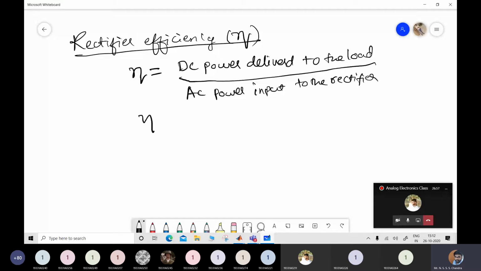So that is eta, I can write as P_DC out divided by P_AC in. Usually this rectifier efficiency is given as a percentage. So if you want to write it as a percentage, then percentage eta is equal to P_DC out by P_AC in into 100.